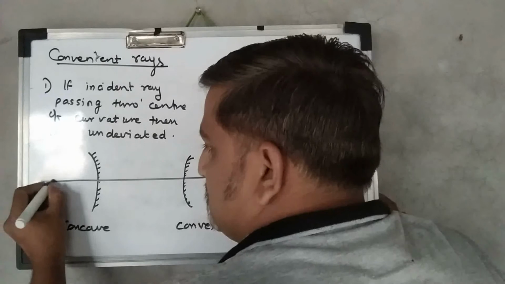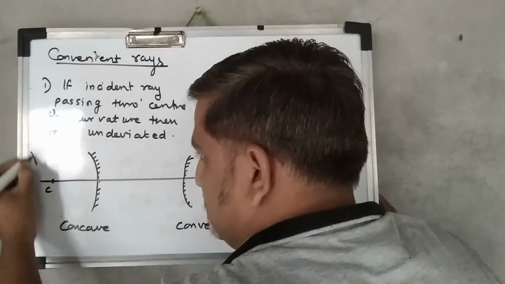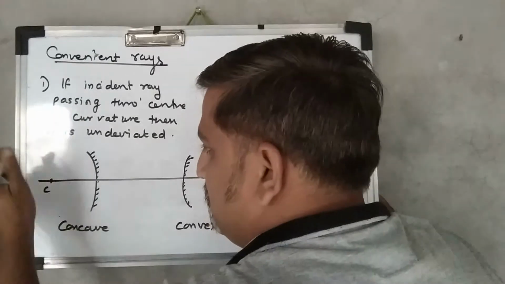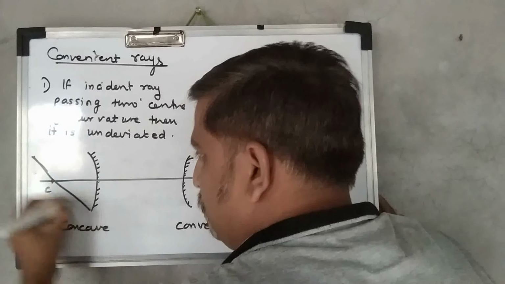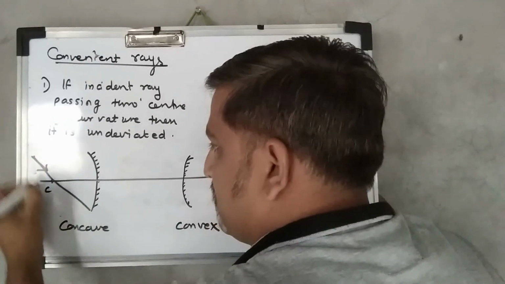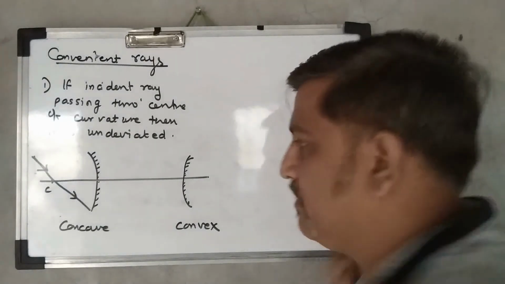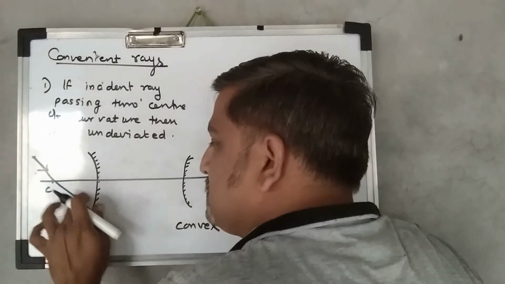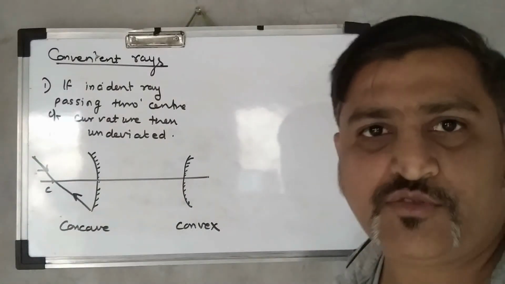If this is the center of curvature C and the ray is incident on the mirror passing through the center of curvature, then it gets reflected back along the same path.